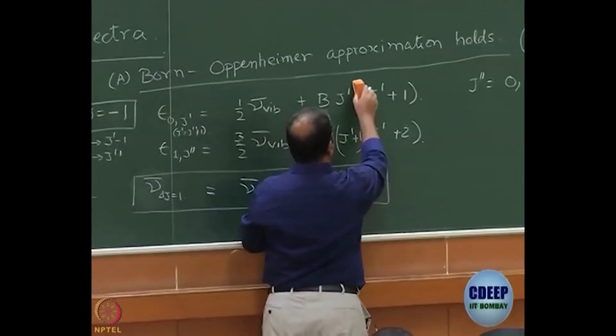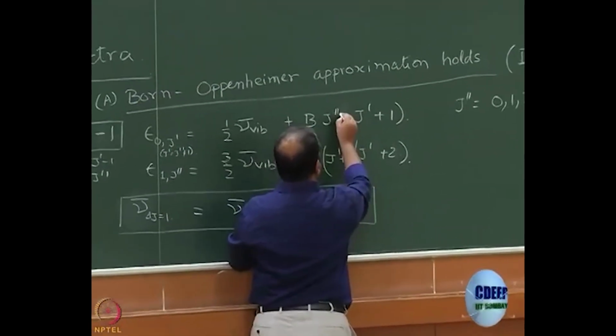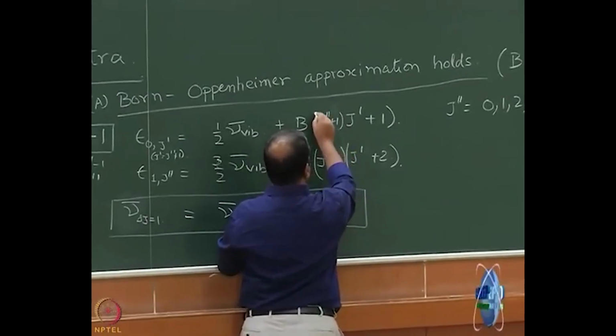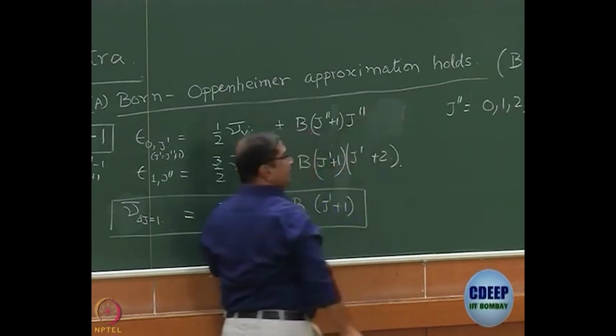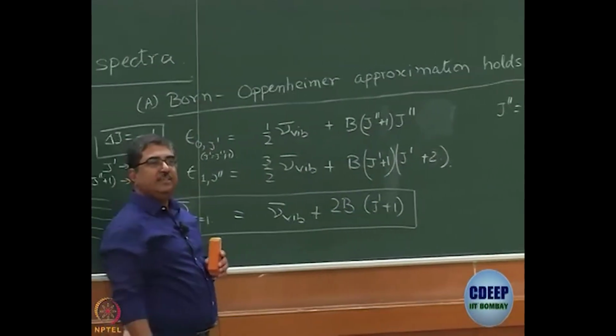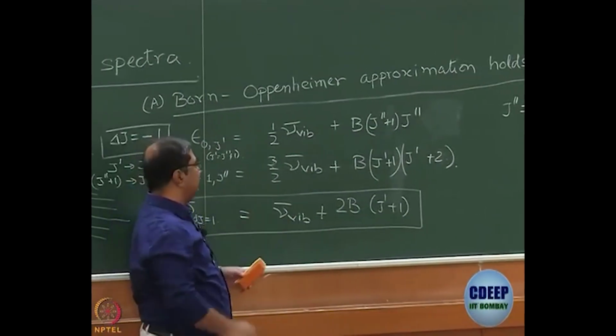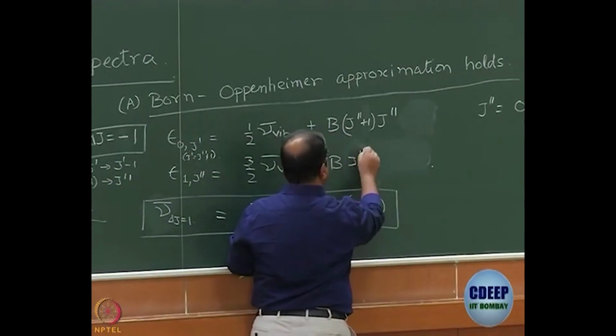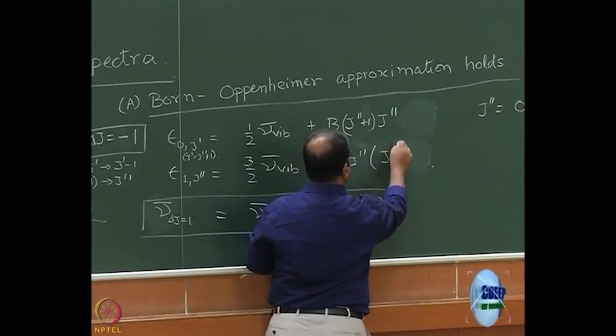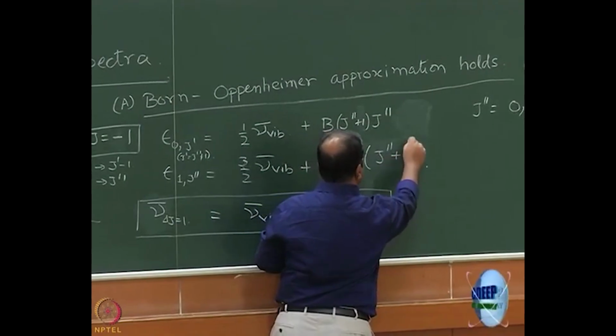How do I write it now? I can write it as J double dash plus 1 multiplied by this becomes J double dash. Is that right? What about this? This becomes the simpler B J double dash multiplied by J double dash plus 1.